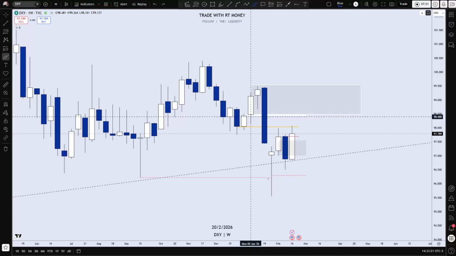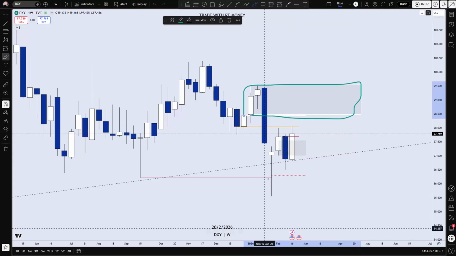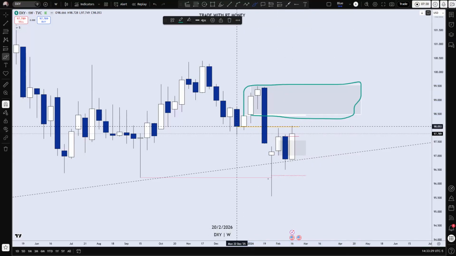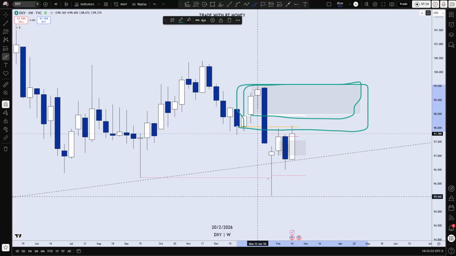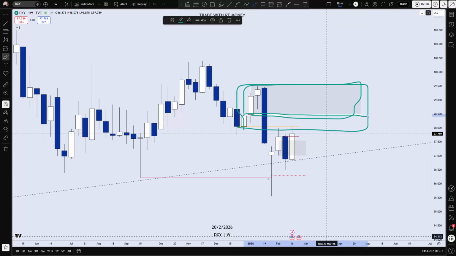And I am also looking at that being aligned with the order block here. All right, this is the overall area of fair value, the order block. Okay, but this is the refined version of it.